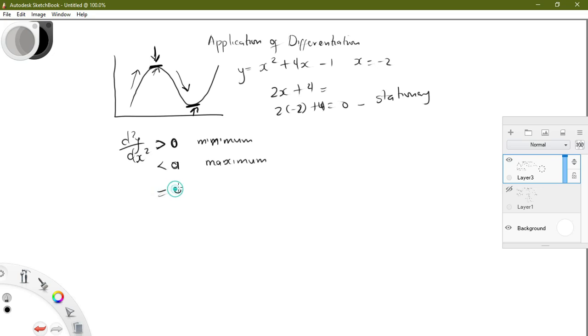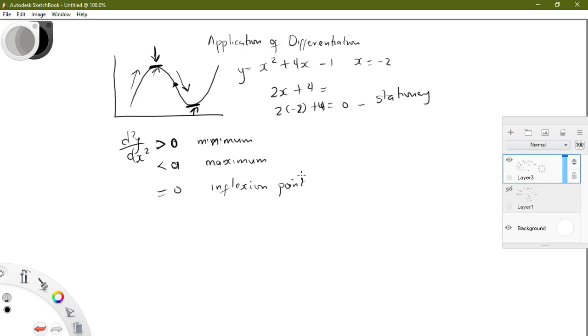And if it is equal to 0, it's called the inflection point. The inflection point is just the point between the maximum and minimum, where the curve begins to change to the other side. That's the inflection point. It is usually used in AEM. I just hope I have time to be able to cover enough of AEM in the future.